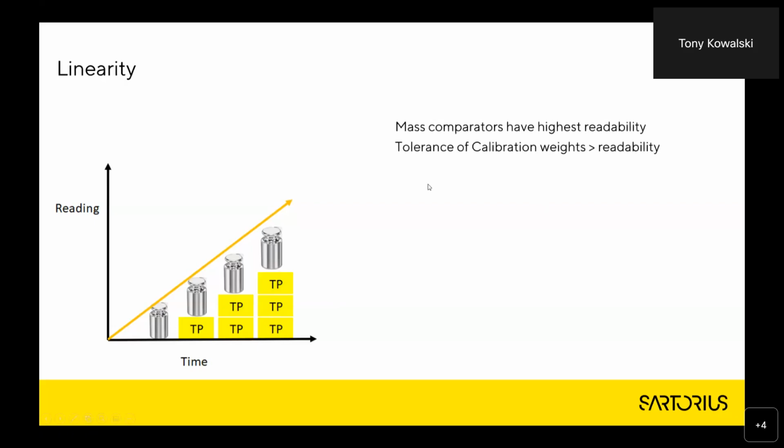So if you added 4 weights together, the tolerance of the calibration weights would be greater than the readability of the mass comparator, which is why we only use the 1 weight and tare off other weights to bring the measurement of the single weight in this range, and to the nominal level.